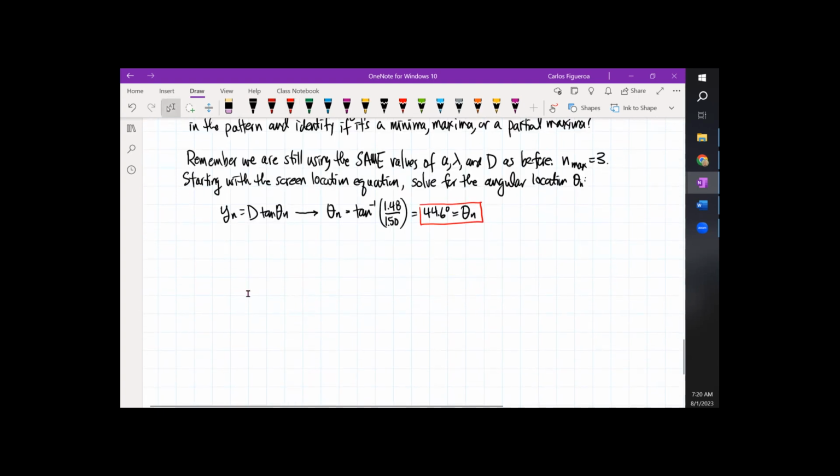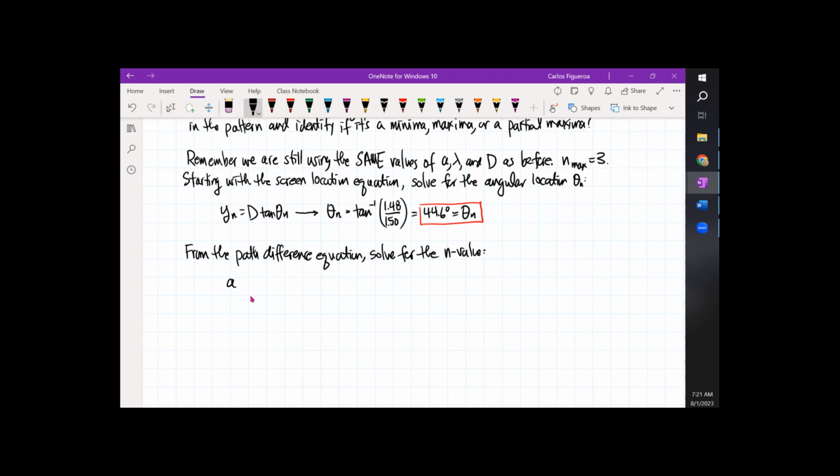So from the path difference equation, we can solve for the n value.